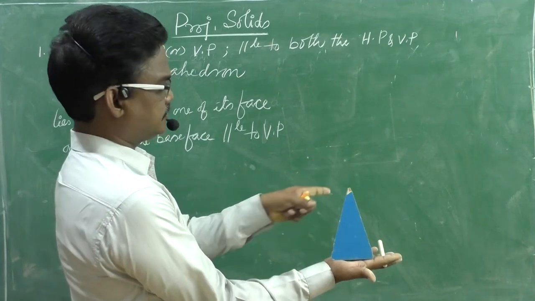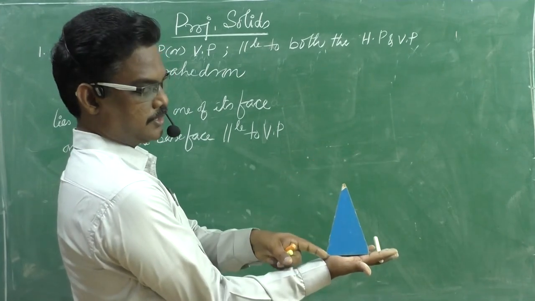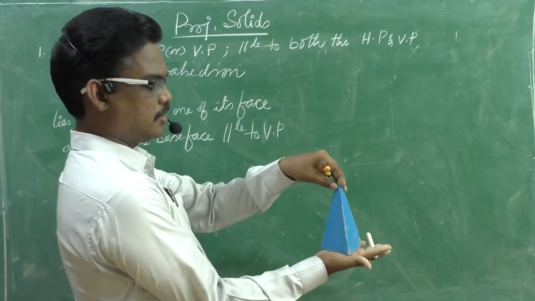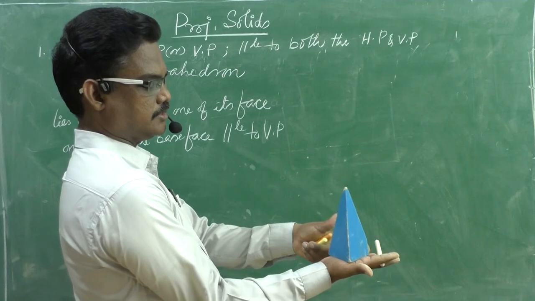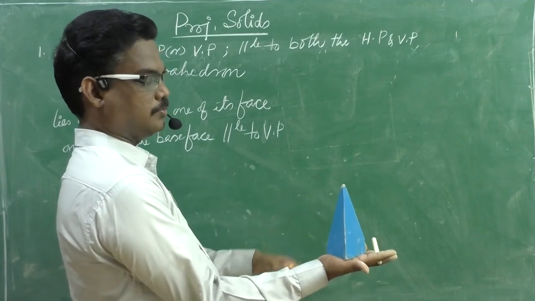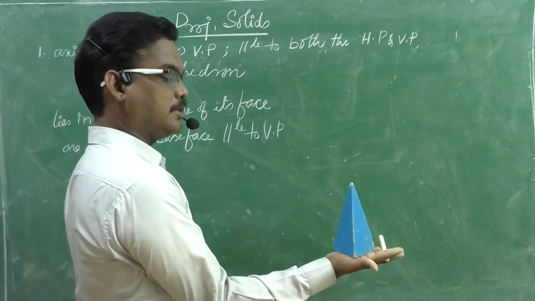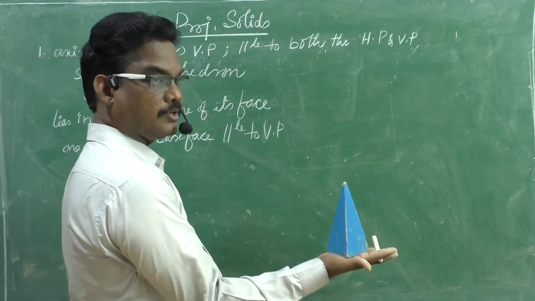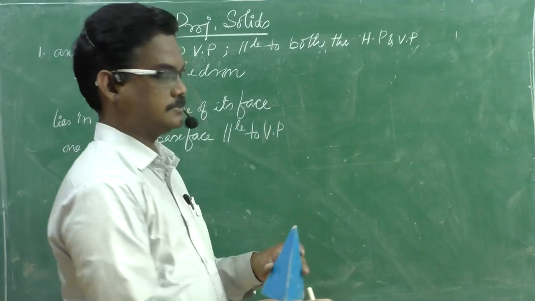This side is parallel to VP. Right. This position is correct, and this position is also correct. Okay, this side is parallel to VP. Any position you can assume. Right. Now, which view do we need to draw first? Top view. Right.